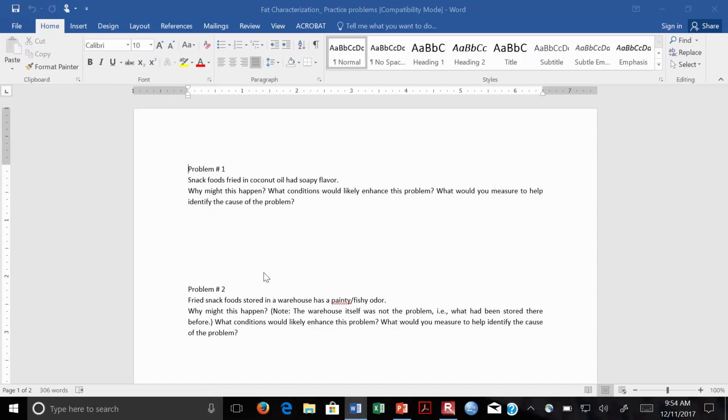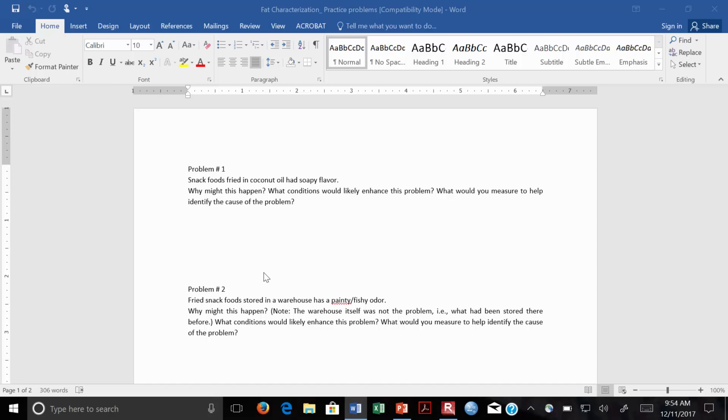So the second problem, you have the fried snack food stored in a warehouse, and it has a painty, fishy, off flavor. Why might this happen? Yeah, oxidation.